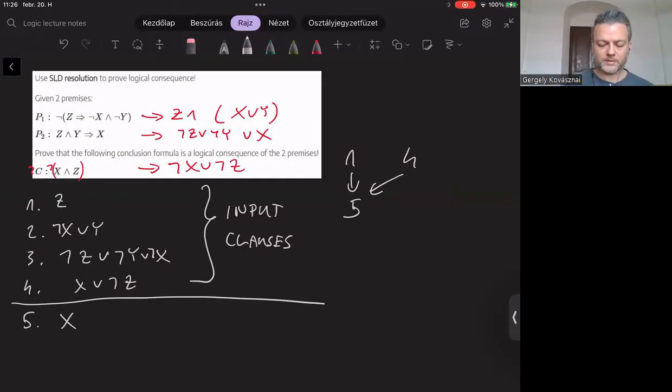Okay, what to do next? Well, let me note that the letter L in the middle of the name SLD suggests that SLD resolution is also a linear resolution strategy, and actually it is.